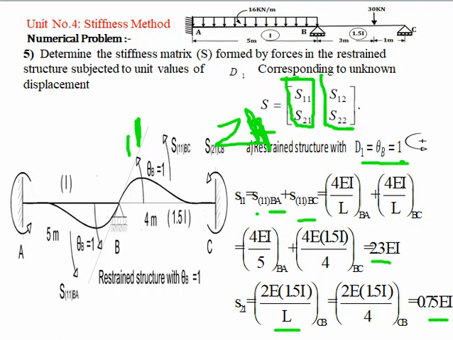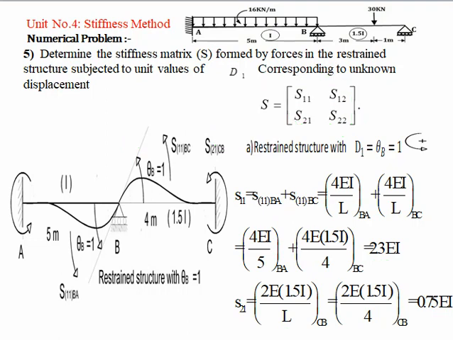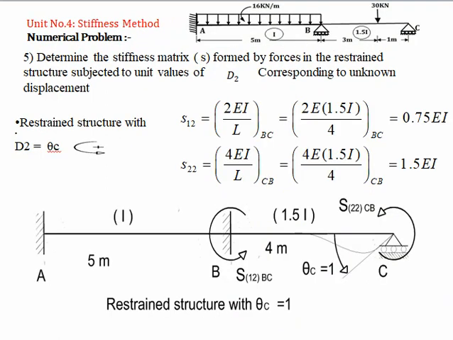In the same way, now find the second column of the matrix. The first number, 1 and 2, indicates the location of the unknown, and the second number 2 indicates that you have to apply the unit rotation for the second unknown. Let's do a revision; this was already covered in the first video. Here is our second unknown. Let's write down location 2 and location 1.